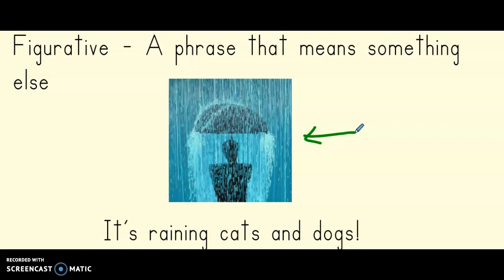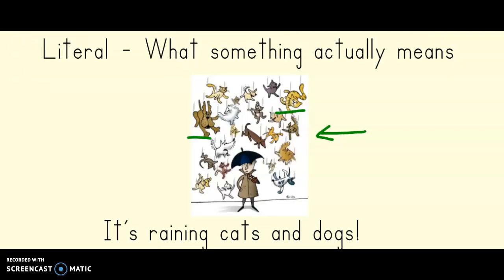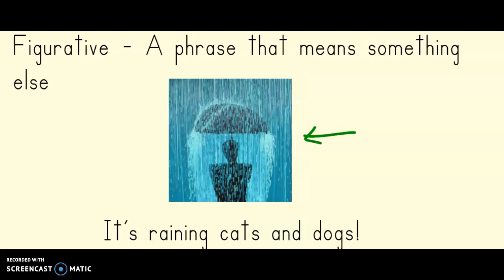Why could we not just say it's raining really hard? And you can, but sometimes people use these figurative language phrases to make what they're saying sound more interesting. But we need to know, when does it mean something literal and when is it a figurative part of speech?